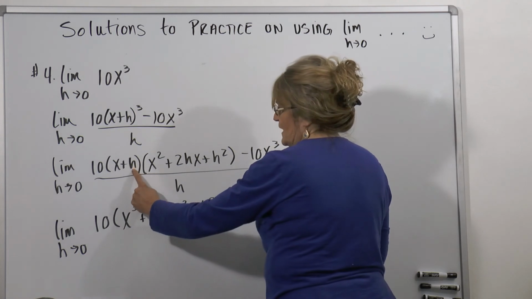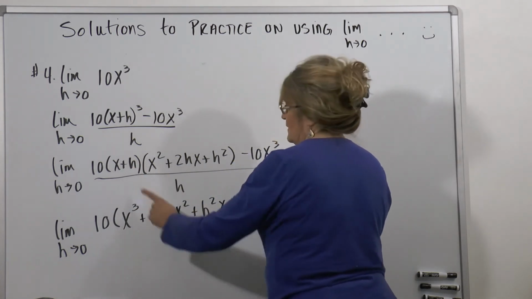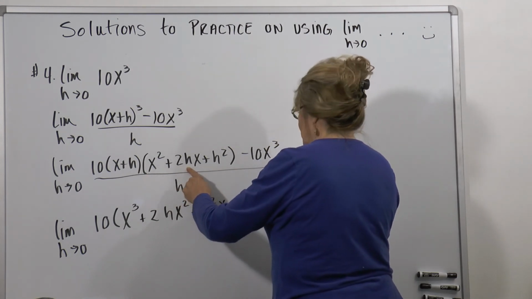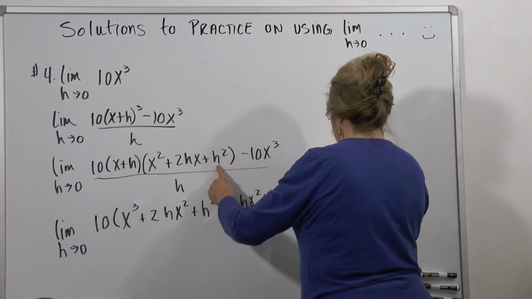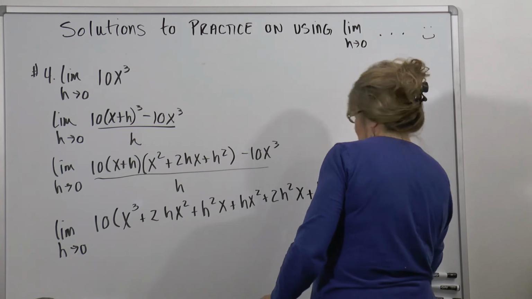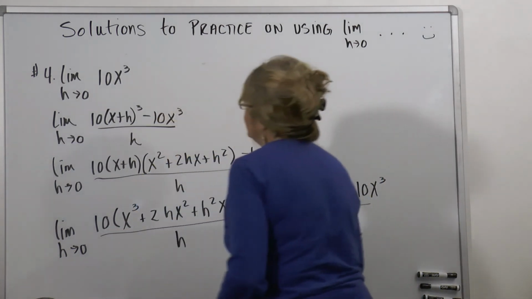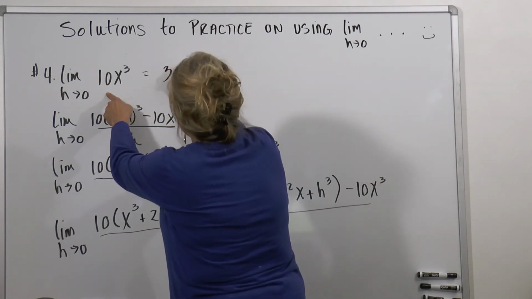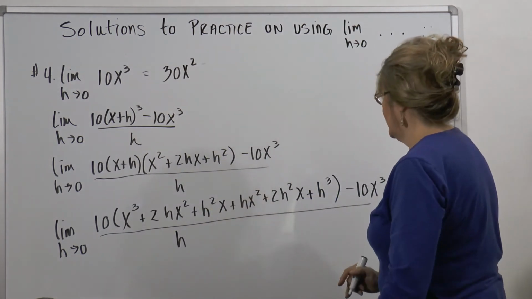Now it's h's turn. h times x squared is hx squared. h times 2hx is 2h squared x. And h times h squared is h cubed. Then we have our minus 10x to the third, and this is all over h. By the way, we know that this is going to be 30x to the second, so we're just showing that that's exactly what we're going to get.